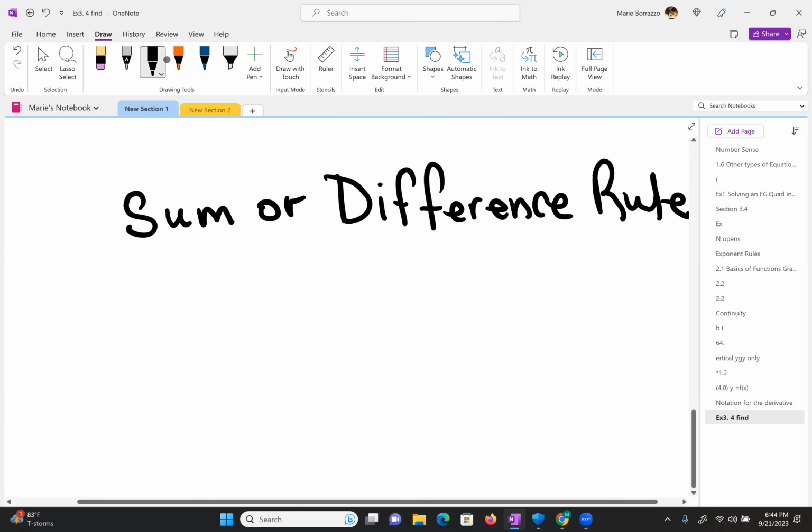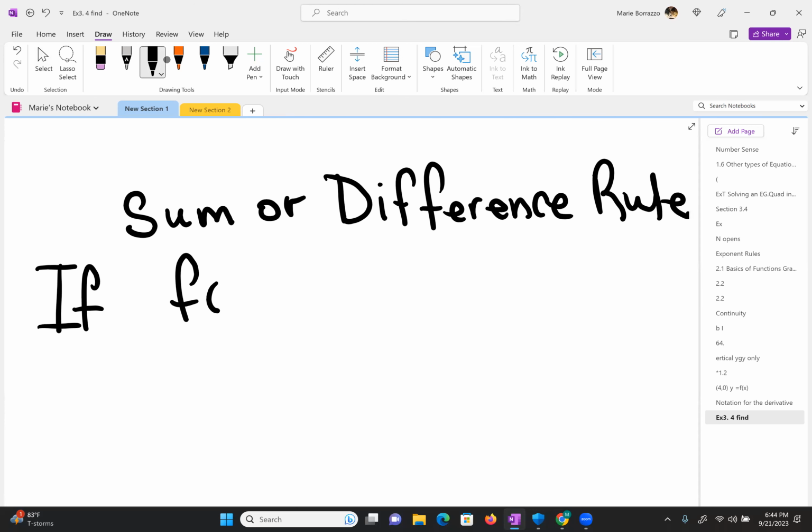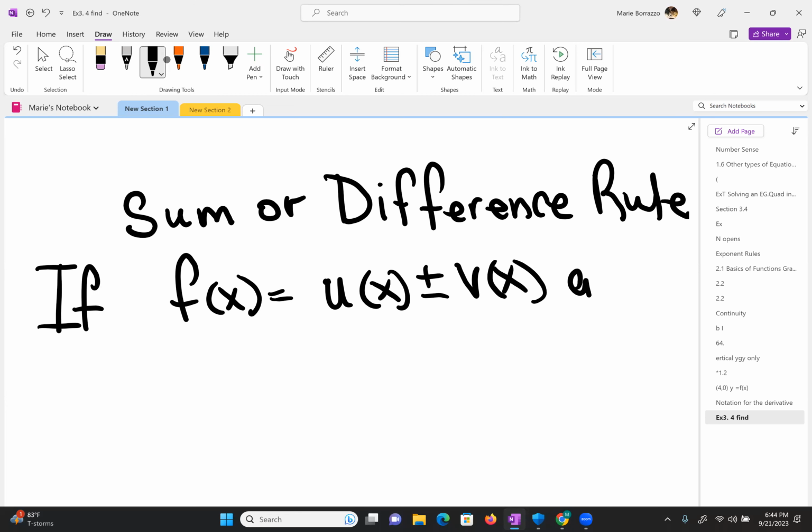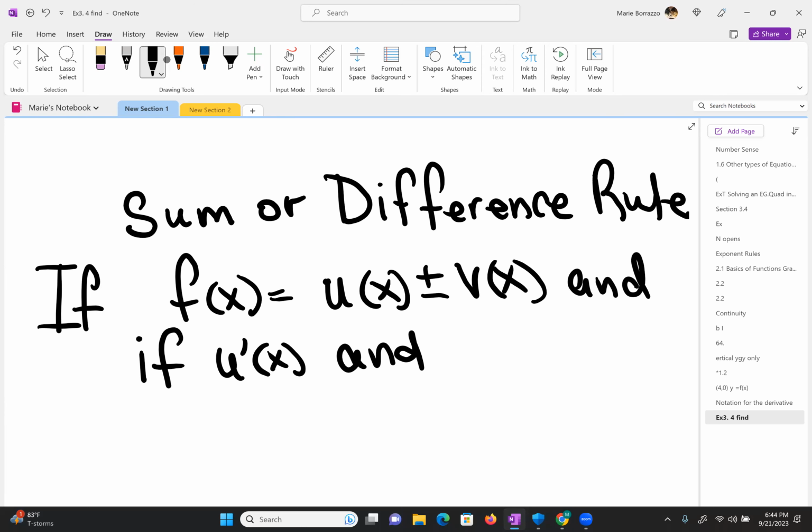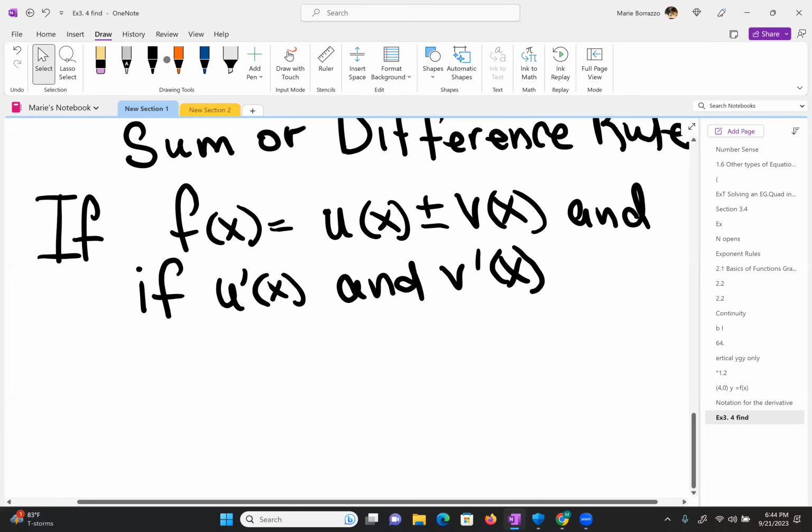And so this says if I have an f of x, some function, and that function is the first value u of x plus or minus the v of x, then the first derivative of the first function and the first derivative of the second function make it possible to get a sum and difference.